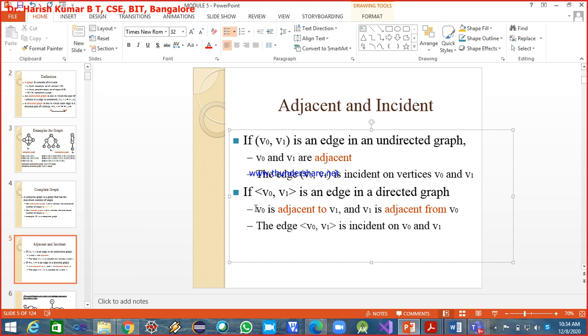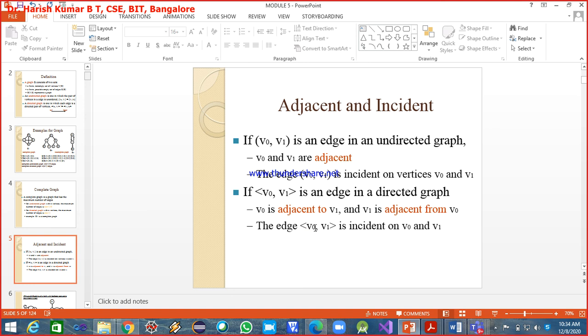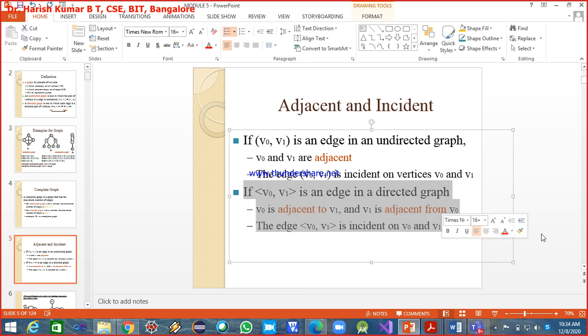I hope you understood this statement. v0 is adjacent to v1 because you can move from v0 to v1, and v1 is adjacent from v0. Both statements mean the same. And the edge v0 comma v1 is incident on v0 and v1 also. So this is with respect to the directed graph.